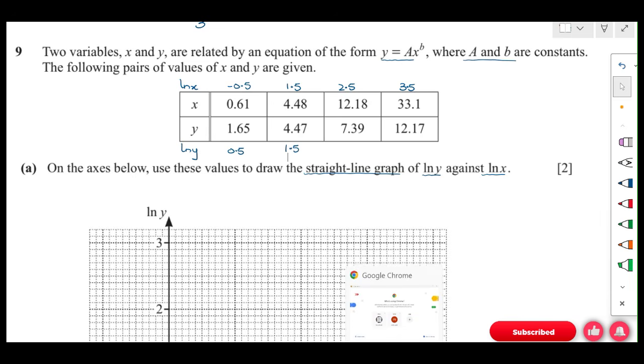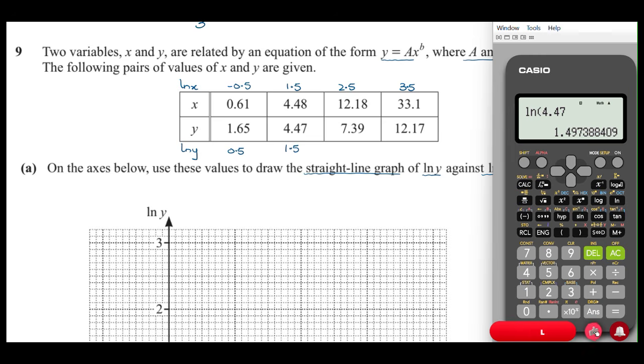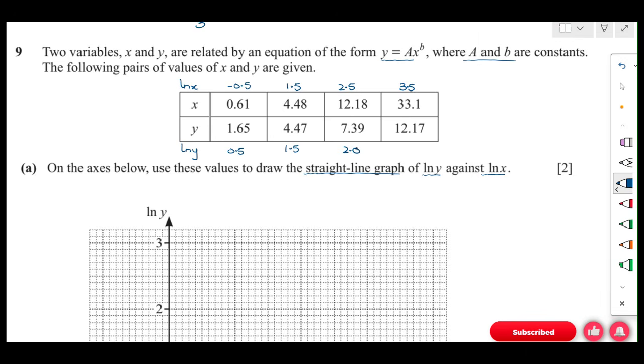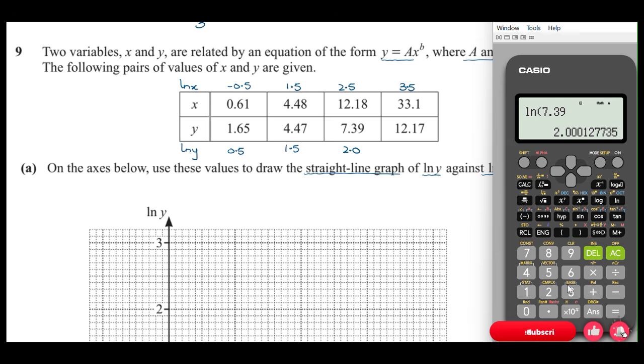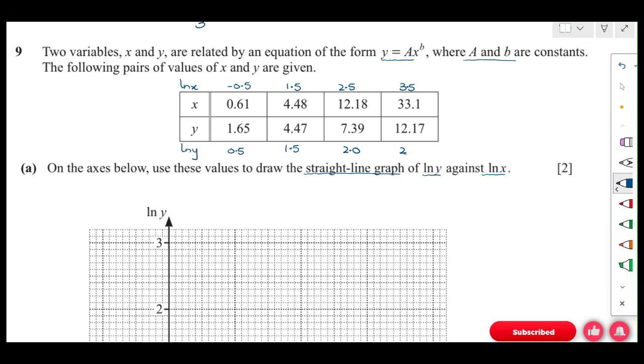Then we have natural log of 7.39, that is 2.0. Okay, the last one is natural log of 12.17, which is 2.5. Now we have all the points.